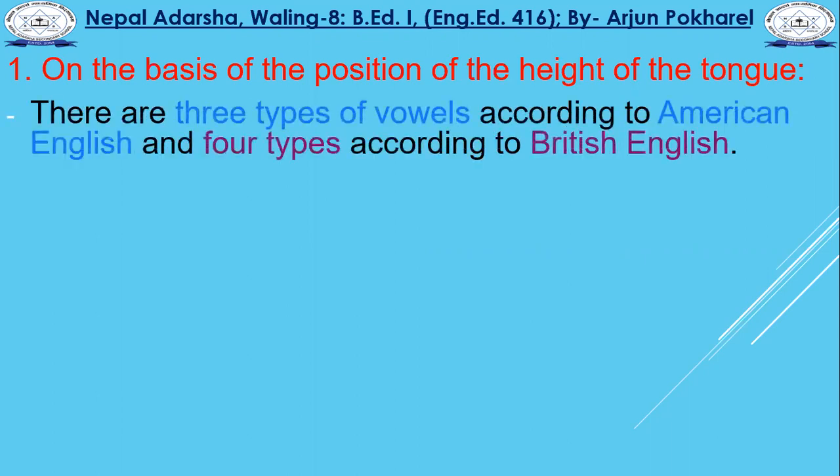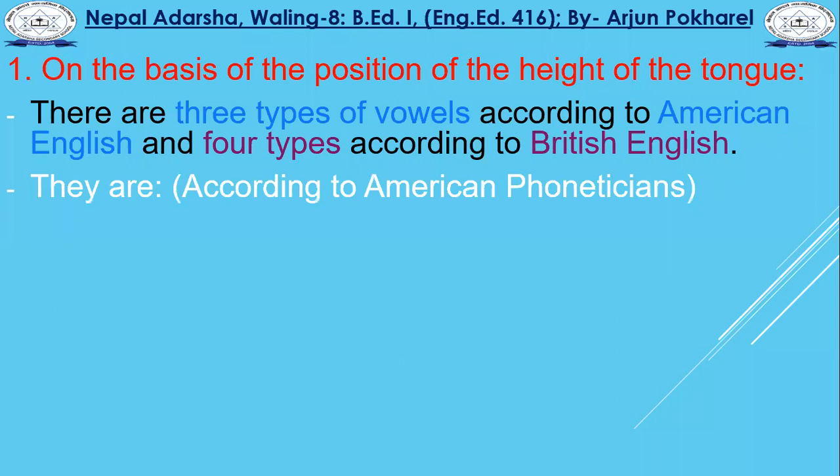There are three different types of vowels according to American phoneticians, and four types of vowels according to what? According to British phoneticians.